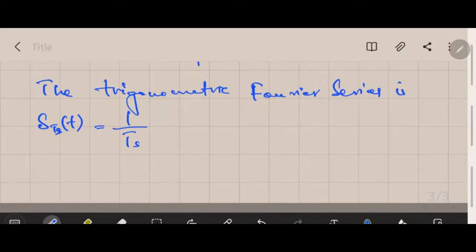You have already found the Fourier series of an impulse train, although you had found the exponential Fourier series. You could always find the trigonometric Fourier series also.